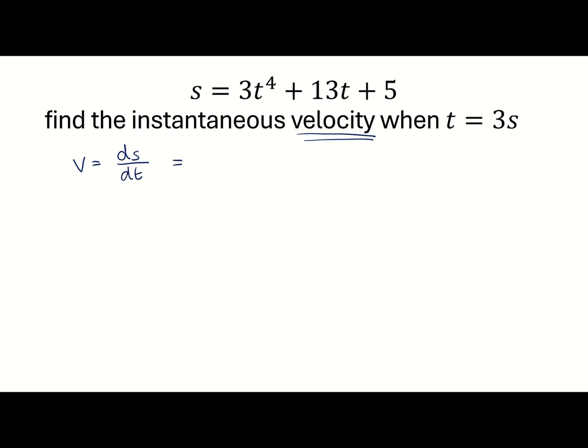So let's have a go at this one. If you pause the video here, do you want to try and work out an expression for the velocity? Okay, hopefully you've had a quick go at that. Let's follow our rules. Remember our two rules here. Reduce the power by 1 and multiply by the old power.